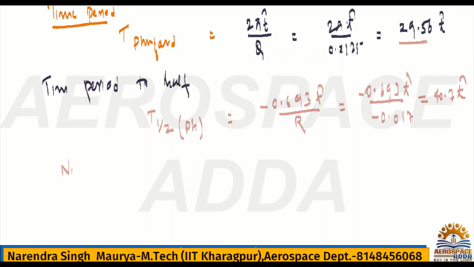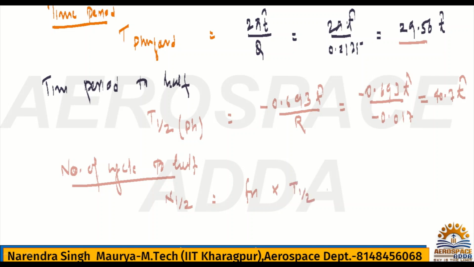All right, now the same you can calculate for number of cycles to half, denoted by n 1 by 2. If you remember the formula I had given, it was fn into t1 by 2. What is fn? It is omega n by 2 pi, and t1 by 2 you have just calculated.